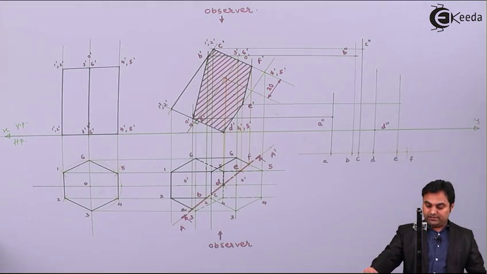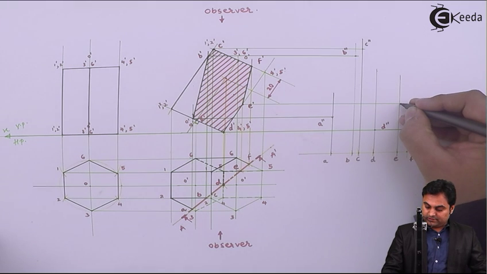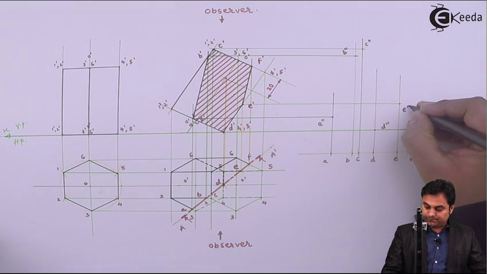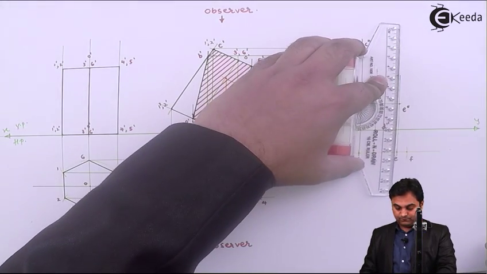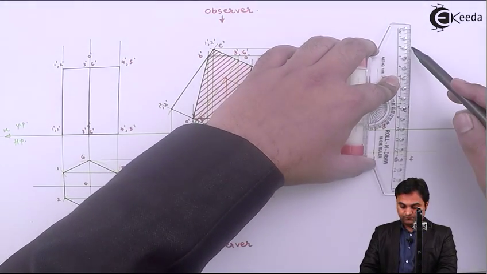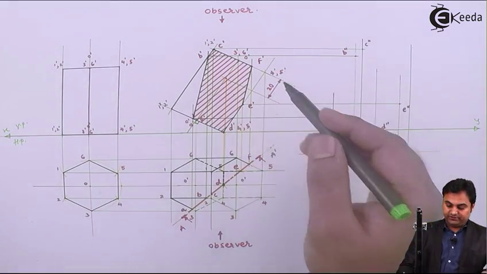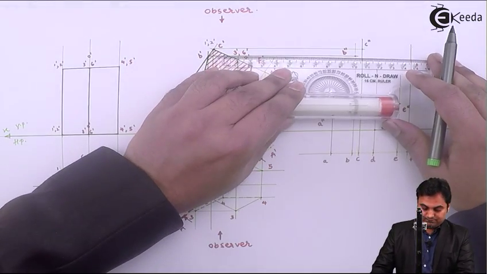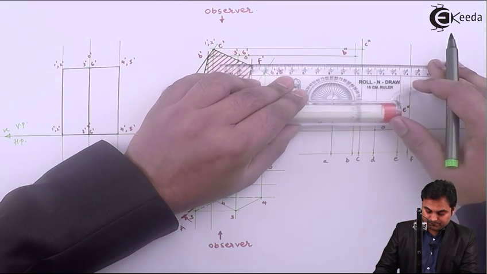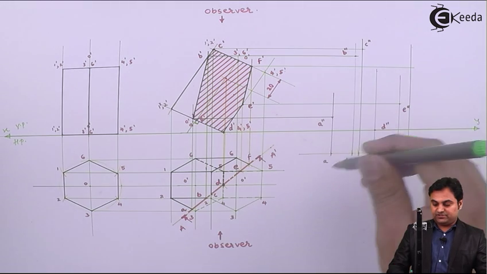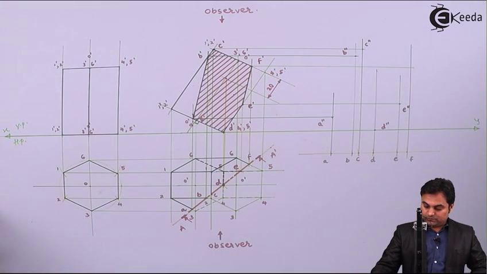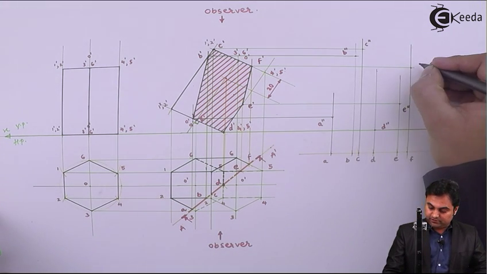Where E and E dash intersect, that will give me E double dash. At last, point F, and here we have point F dash. Where F and F dash they intersect, that will give me F double dash.